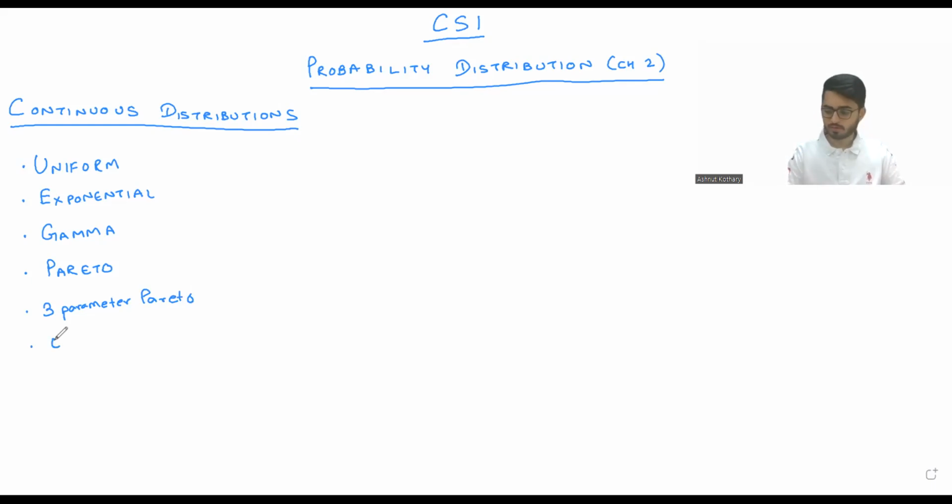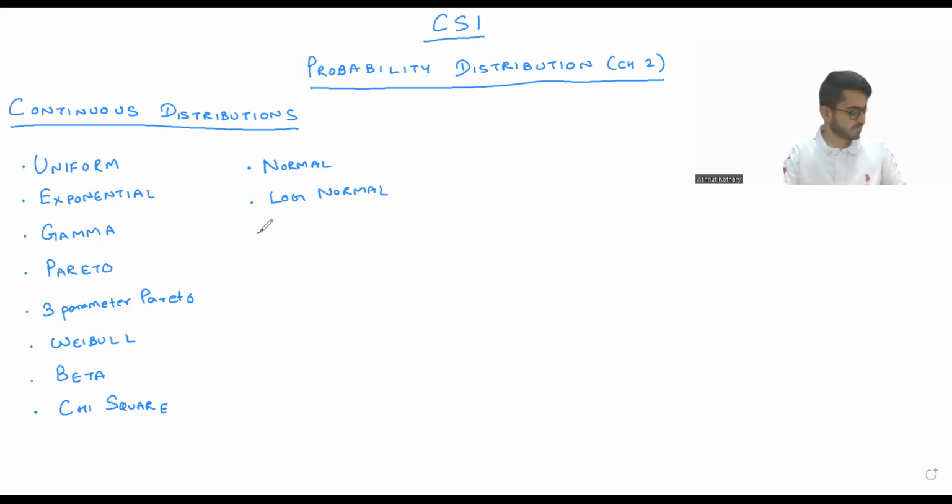Next, we will take a look at Weibull. We will also take a look at beta. Then we have chi-square. Then we have the all-important normal distribution. Then we have log normal. Then we have the t distribution, and we also have the f distribution.